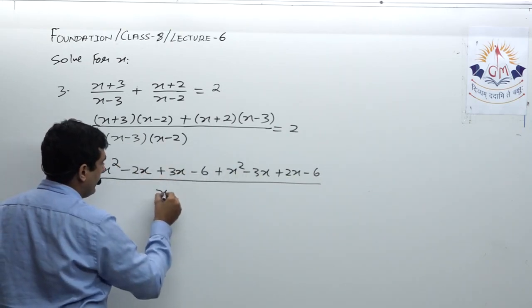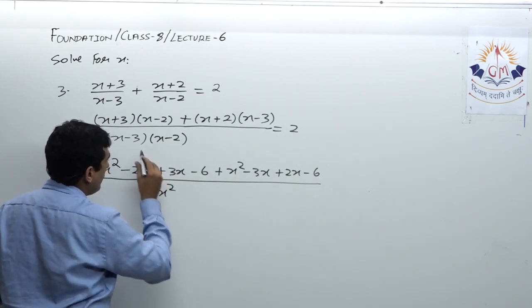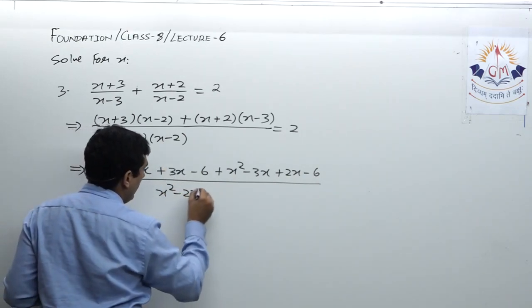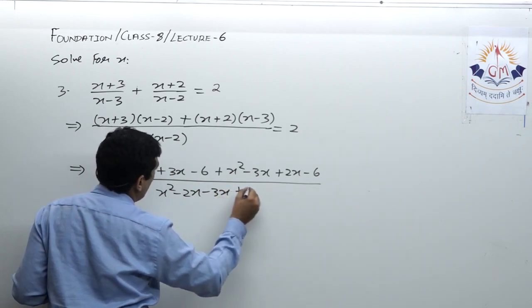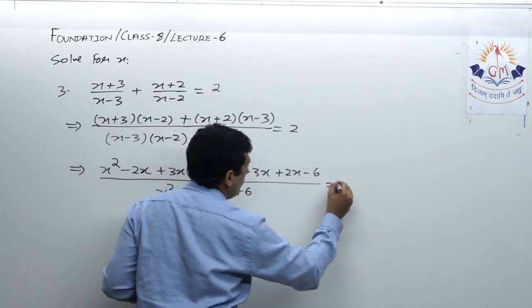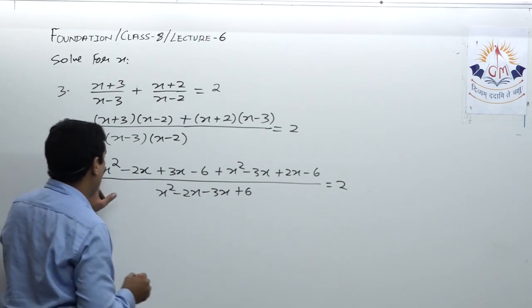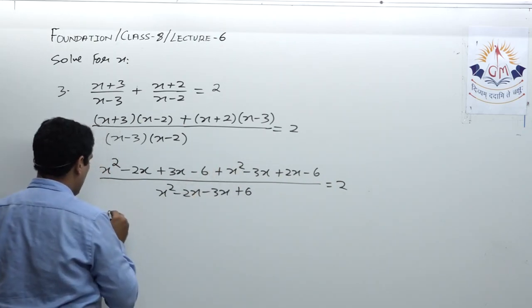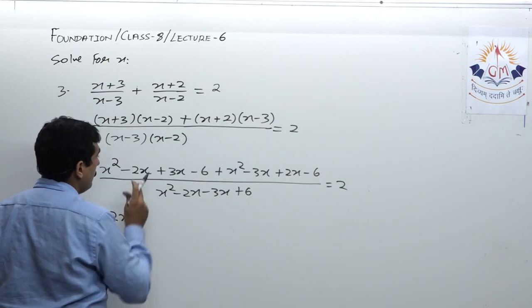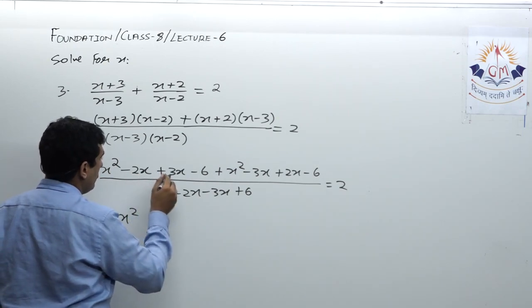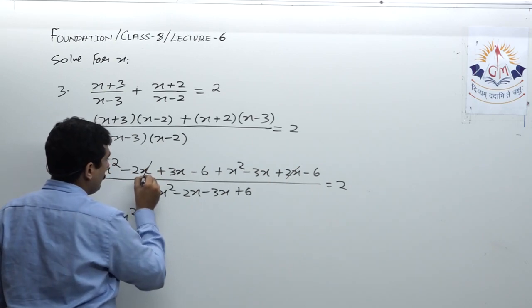So here I will get x into x, that is x square, then minus 2x minus 3x plus 6 is equal to 2. Now x square plus x square, so 2x square. Minus 2x plus 2x, I can cancel.